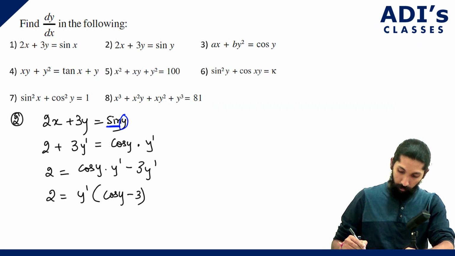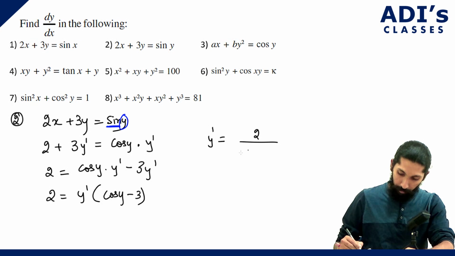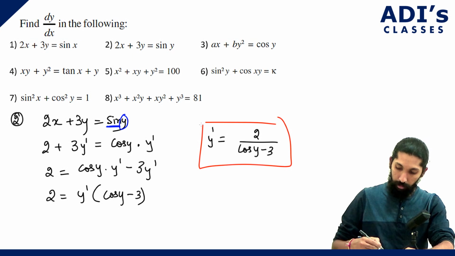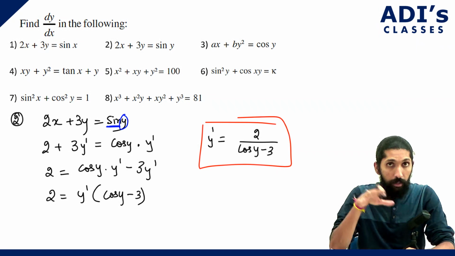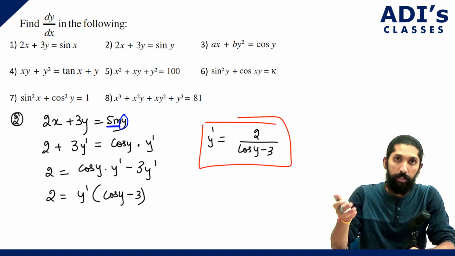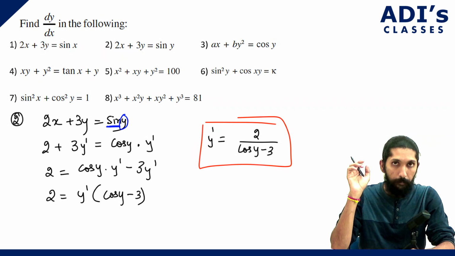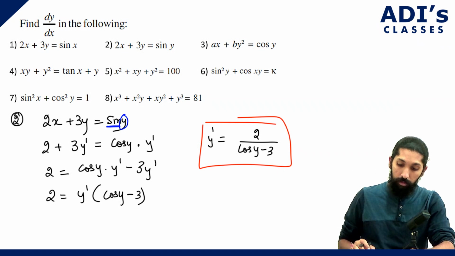So what do you get then? Y dash is equal to 2 divided by (cos y minus 3). So this is going to give us the second answer, where we are isolating y dash and getting the value of y dash. Make sense? Let's do the third one.